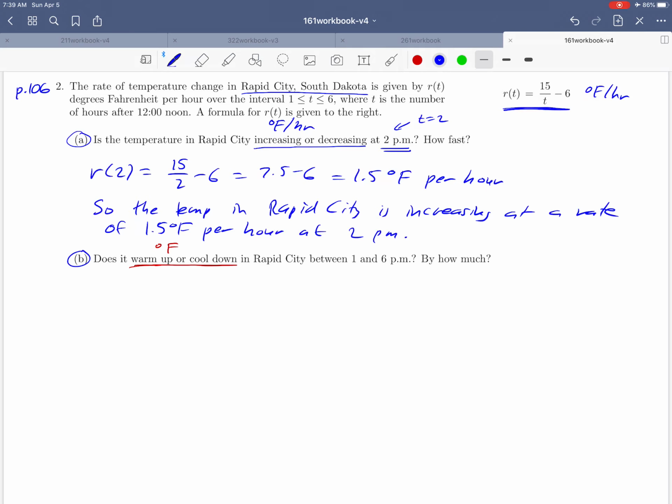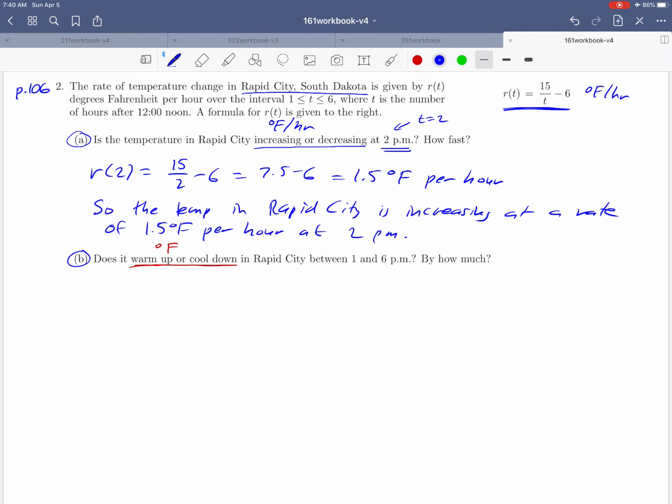Here it's helpful to think back to the beginning of this section. We talked through a theorem called the total change theorem. It said that to get the total change in a function, we need to integrate the rate of change.